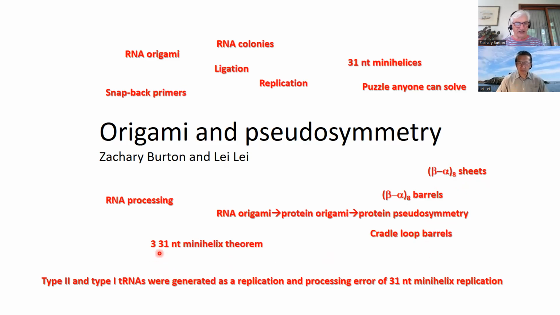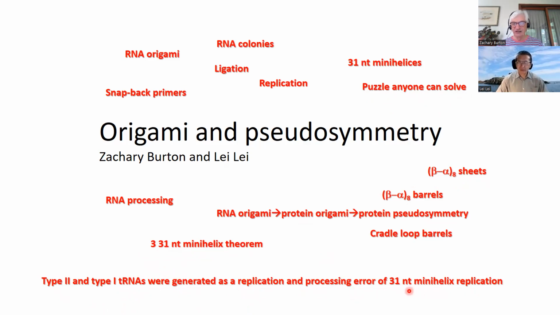So I'm going to present the 331 nucleotide mini-helix theorem. If you watch some of my other presentations, you'll have seen this already. This is the cheat sheet for the solution of the puzzle that anybody can solve. I'm going to show you that type 2 and type 1 tRNAs were generated as a replication and processing error of 31 nucleotide mini-helix replication.